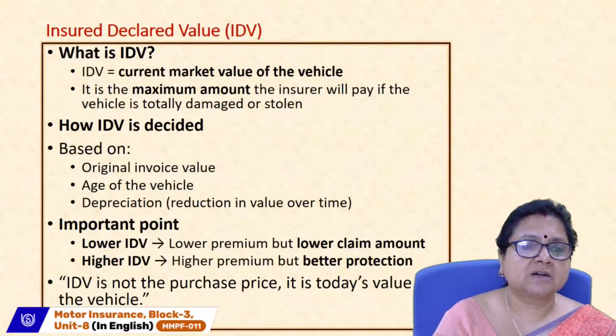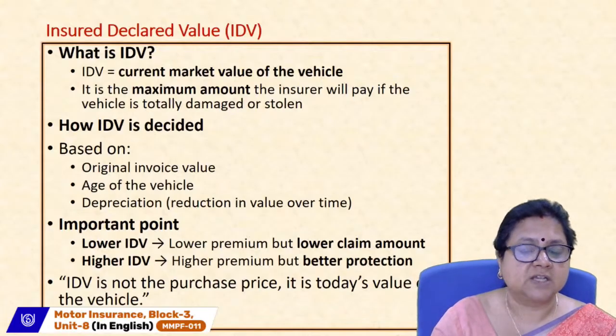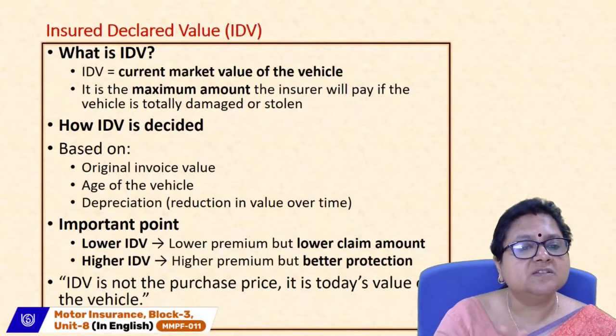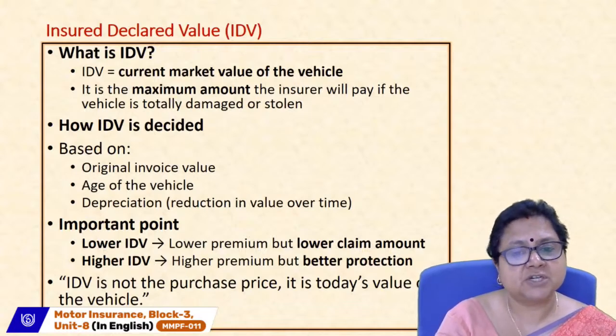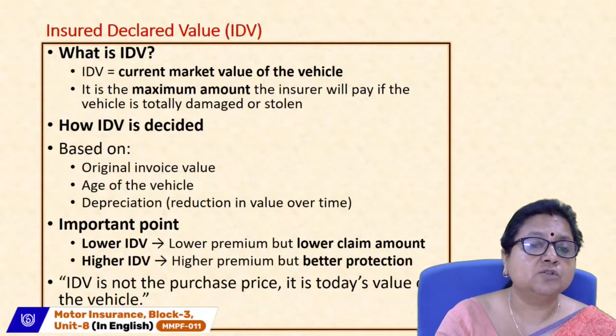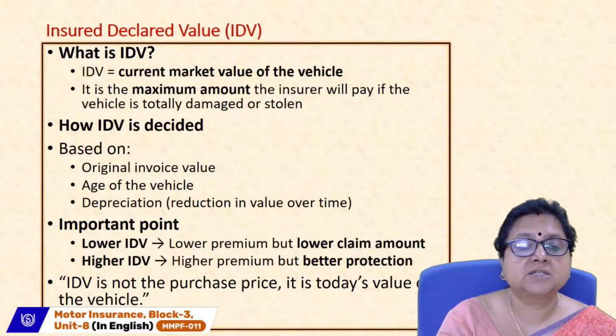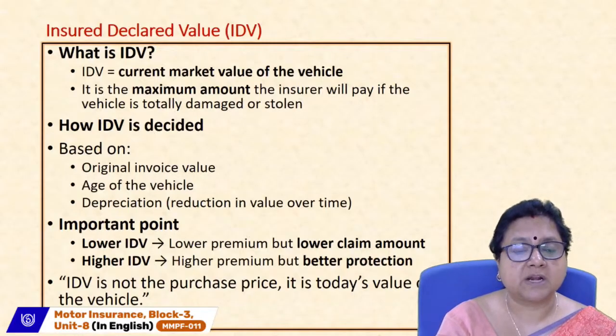Now, how are they deciding on this IDV, insured declared value? The IDV is based on the original invoice value, the value at which you purchased the vehicle; the age of the vehicle, the number of years the vehicle has been on the road; and the depreciation, the reduction in the value of the different spare parts. By considering that also, you calculate the current market value of the vehicle.